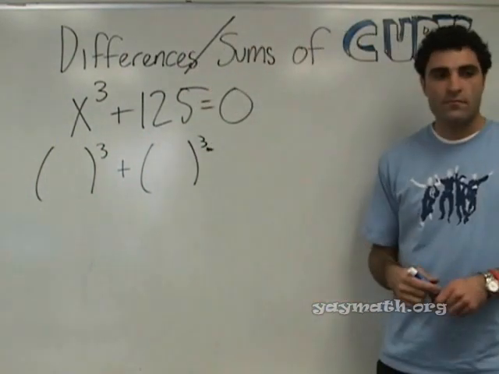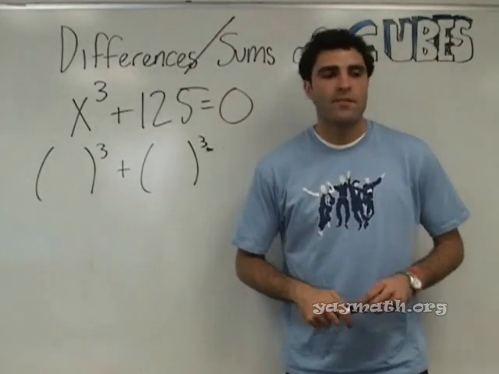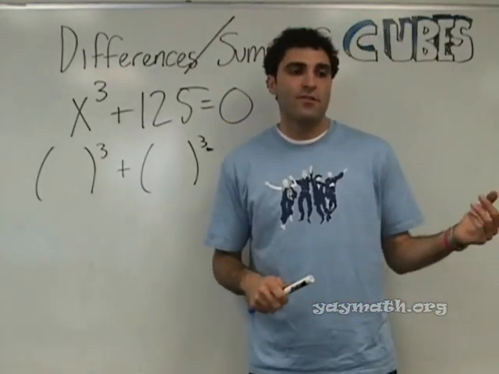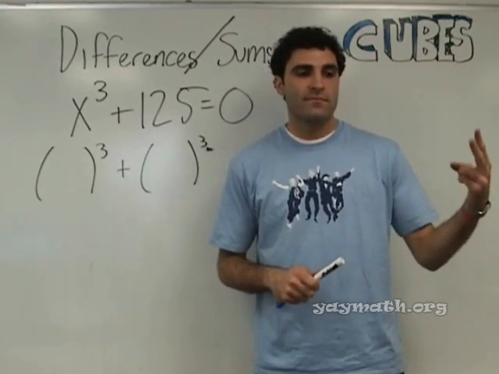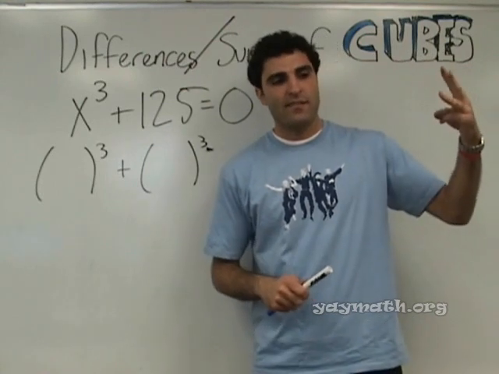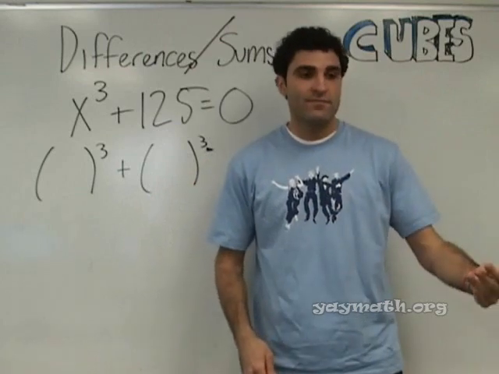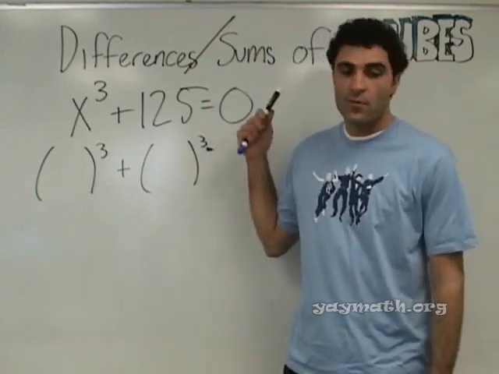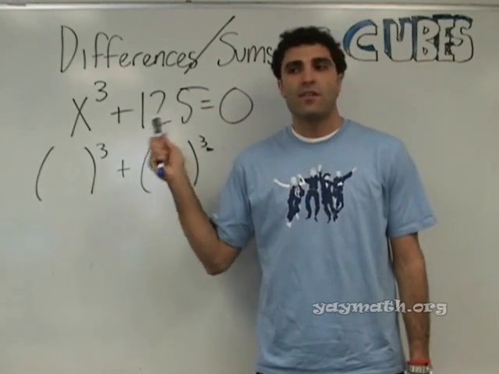How do you find if it's a perfect cube? Good question. You get familiar with them. 2 times 2 times 2 is 8. What's 3 times 3? 9. 9 times 3 is 27. So you get familiar: 8, 27. 4 times 4 times 4 we just did was 64. 5 times 5 times 5, 125.